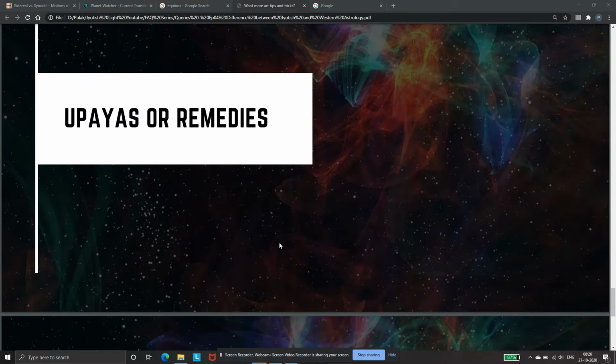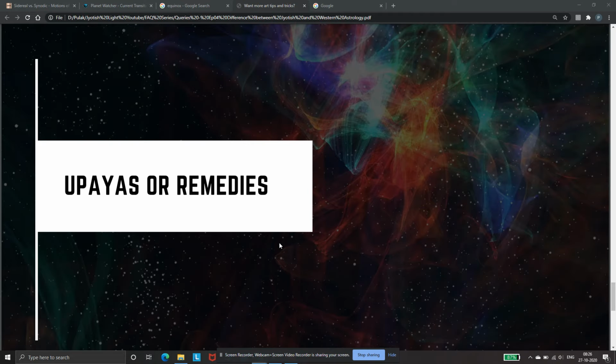And finally, the last difference is in terms of remedies. There's a prescriptive side to Jyotish, which is basically that a person has a static potential, but then the person also has tools available to modify some of that static potential, and that is essentially through religious practices, philanthropic practices, and so on and so forth.